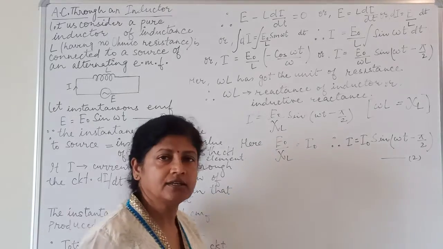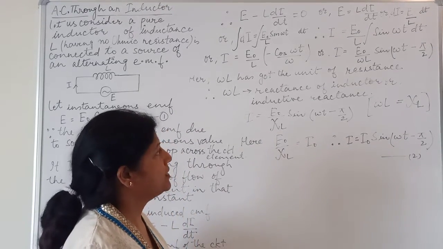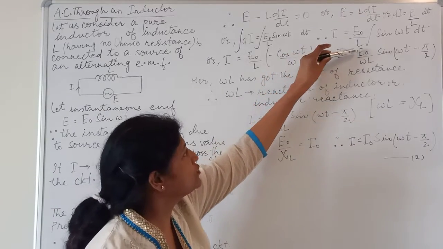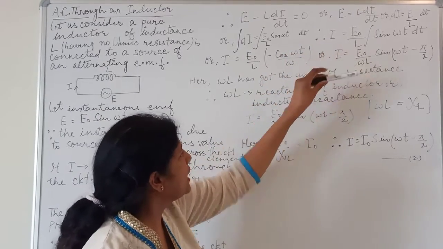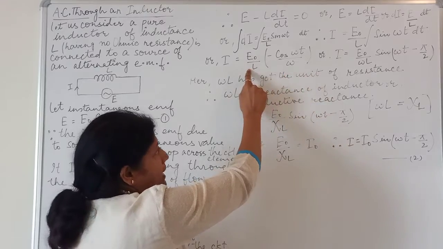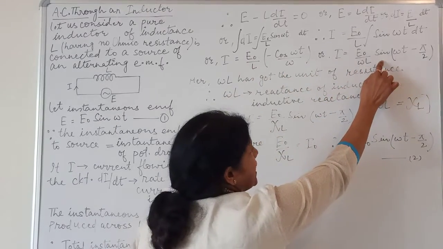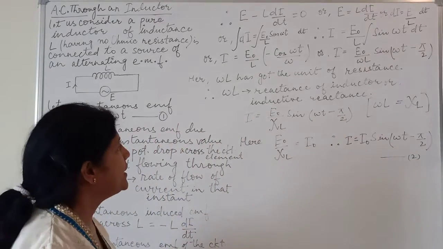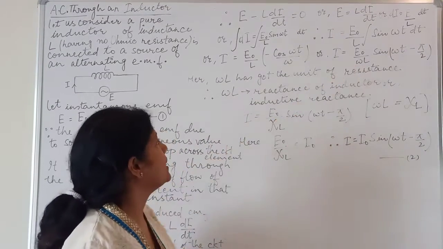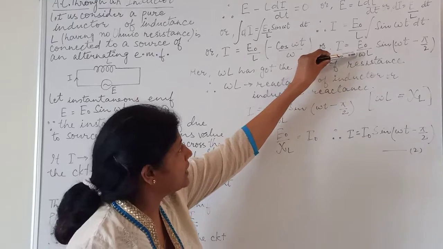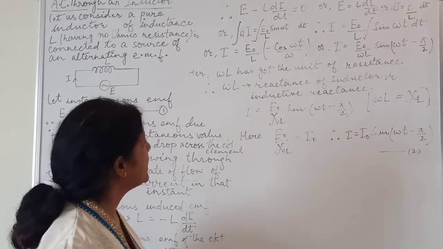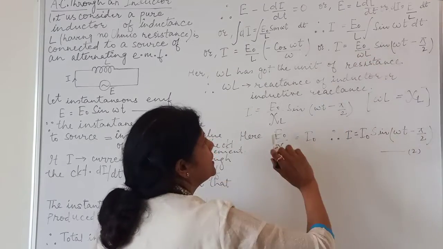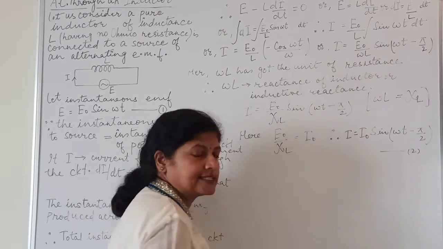Now, using trigonometrical relations formula, we can write I is equal to E naught upon omega L sine of omega t minus pi by 2. Here this omega L, this value omega L has got the unit of resistance.